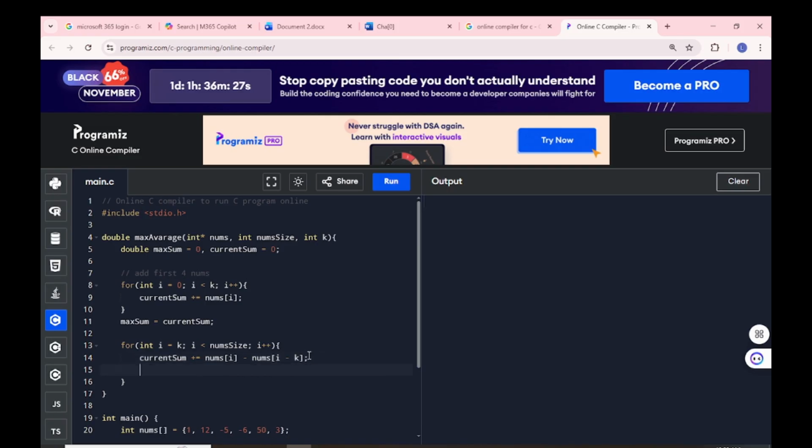Current sum, okay, if current sum is greater than max sum, then we will make max sum current sum.